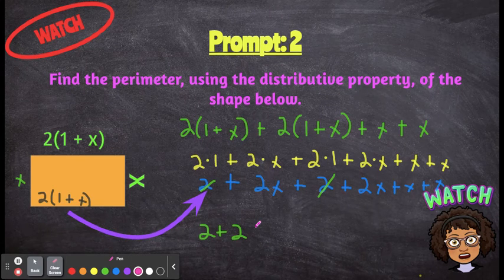So look, there's a 2x. Perfect. So I'm going to put 2x together. Let's see, do I see any more x's? I do. All right, so we're going to do another plus 2x. All right, let's see. Do I see more? Yep, I see 2 more. So I'm going to cross this one out. And I'm going to cross that one out.